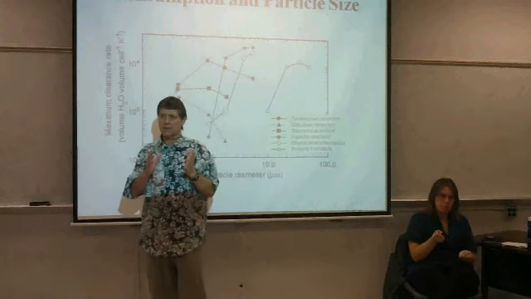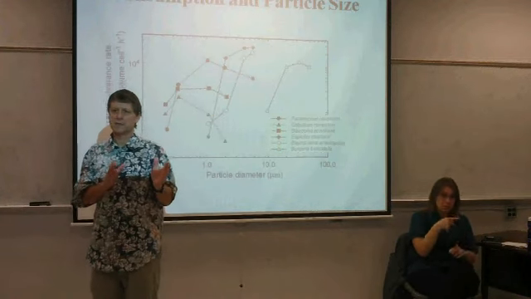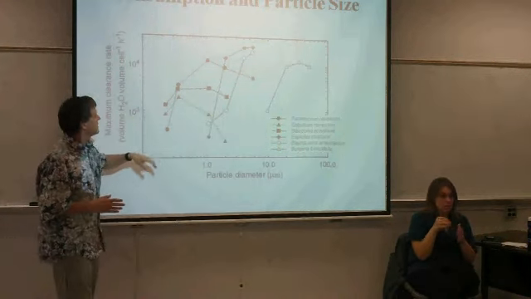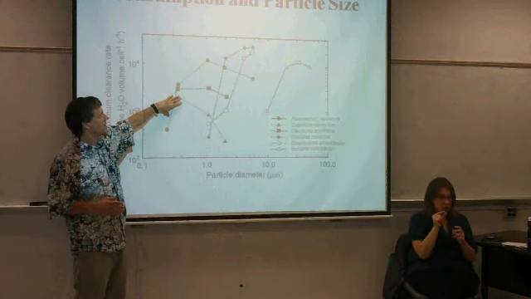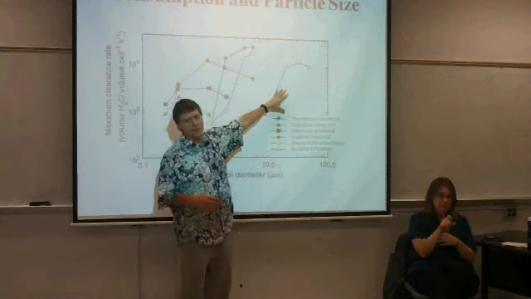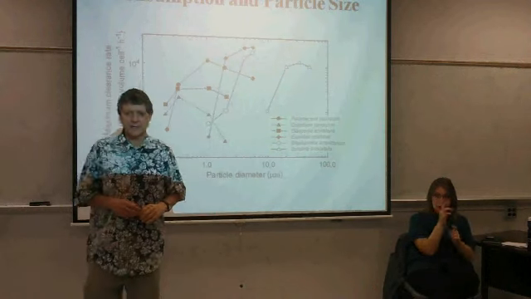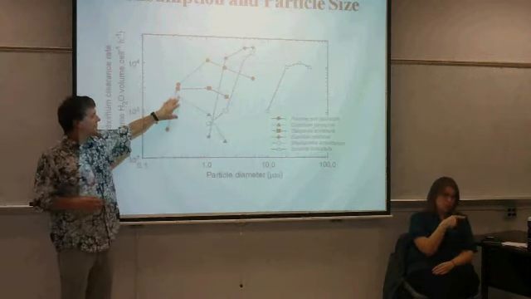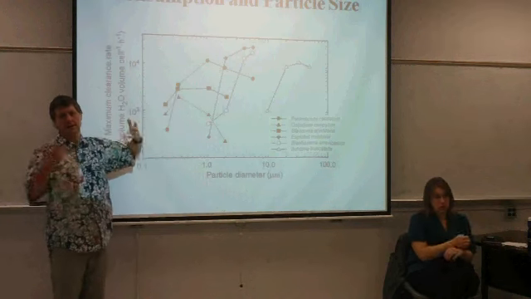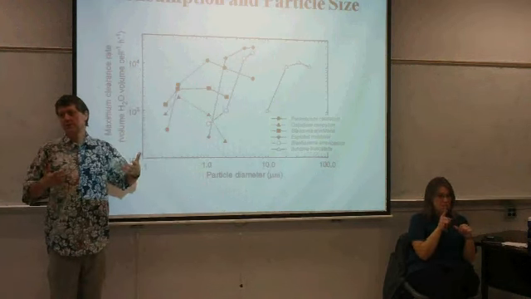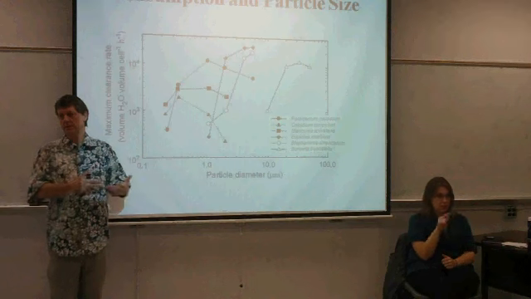And you can see they're specializing on particular particle sizes. Some of them tend to specialize in the very smallest particles, and some of them on the very largest particles. As you can imagine, if you specialize on smaller particles, perhaps it takes you more energy, and so you can't maintain super high clearance rates, but you have a more abundant source of food.